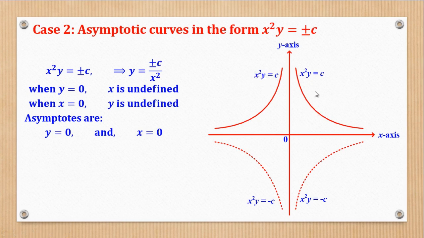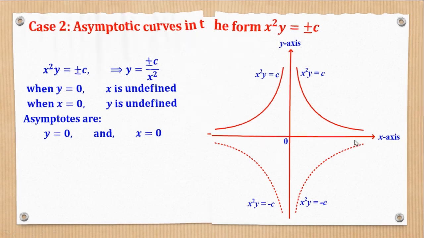So whether the values of x are negative or positive, the curve will be above the x-axis. But for this case, on the other hand, if this constant is negative, it means that whether the values of x are positive or negative, the values of y will always be negative. Therefore, that is why it is below the x-axis, or below the horizontal asymptote.